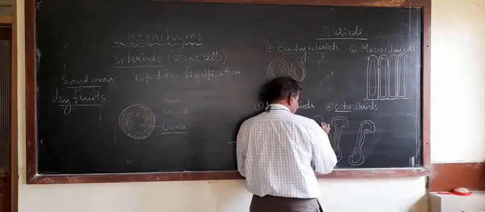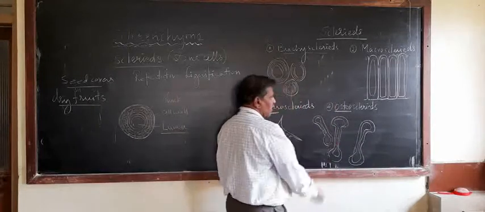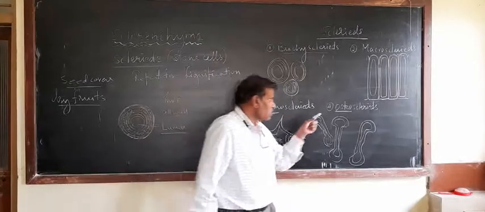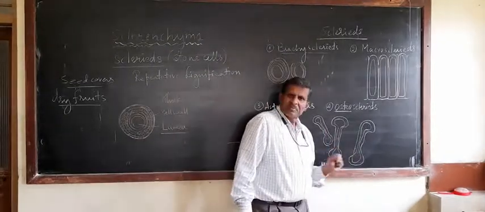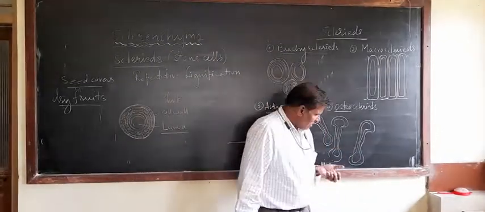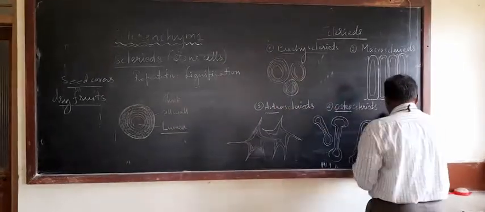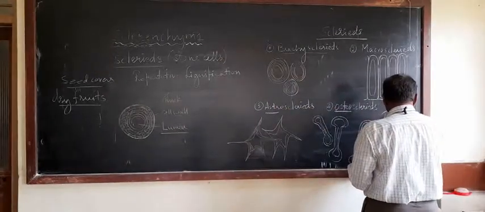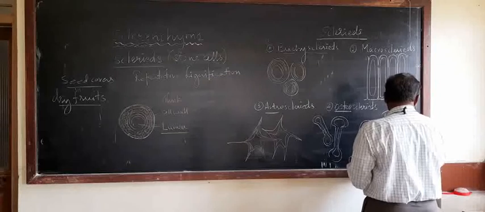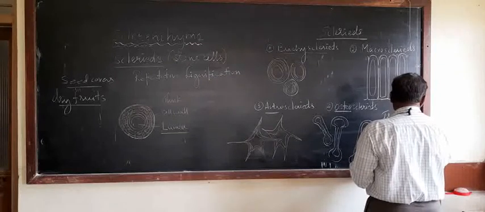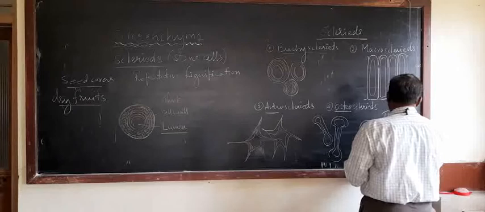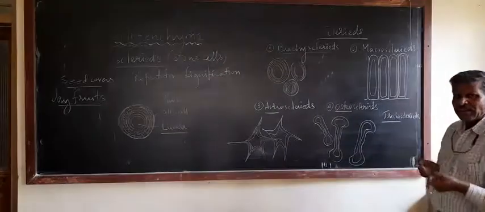Looking at this, we refer to them as osteosclereids. There are also some sclereids that are hair-like, and we refer to them as trichosclereids. Tricho means hair-like.